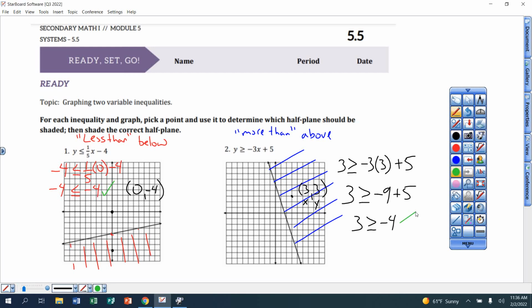That is true. Any point in that shaded zone will work. Any coordinate not in that shaded zone, maybe write this one too, will give you a false statement when I plug in 0, 0. That gives me 0 more than or equal to 5. That's false. 0 is not more than 5.